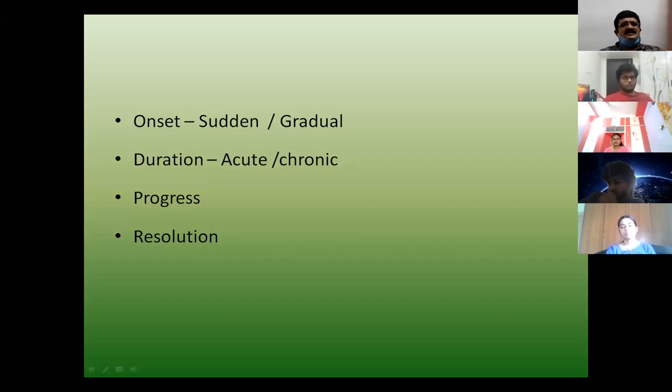Most of the times the disease process is sudden in onset. Suppose there is a predisposing condition, then you can suspect that the disease has a gradual origin. But most of the times, it will not be insidious in onset.